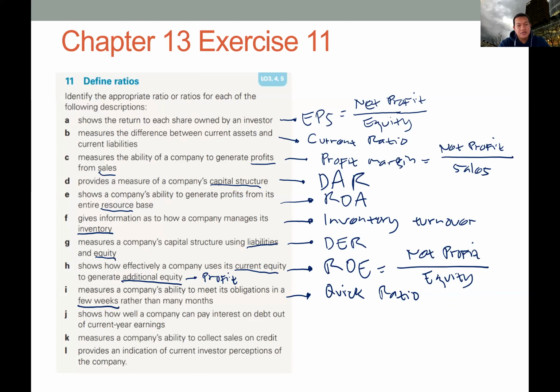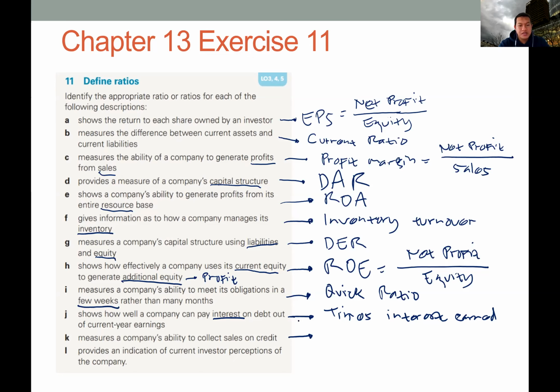Okay, next shows how well a company can pay interest on debt out of current year earnings. So it's basically the times interest earned. So we're comparing the EBIT with the total interest expense.